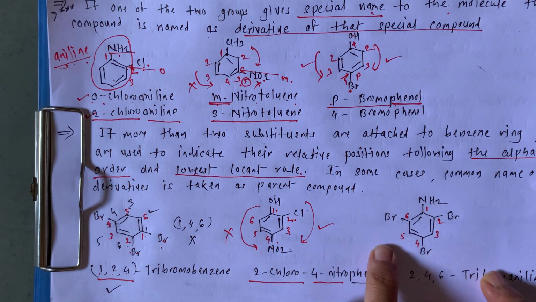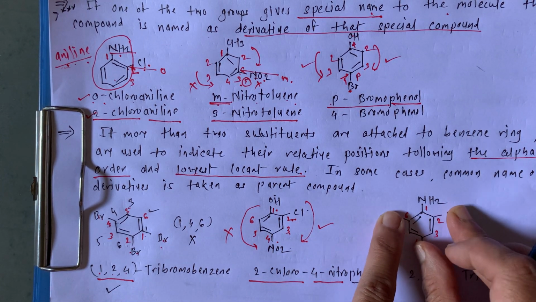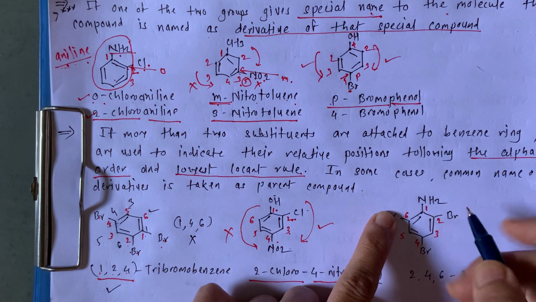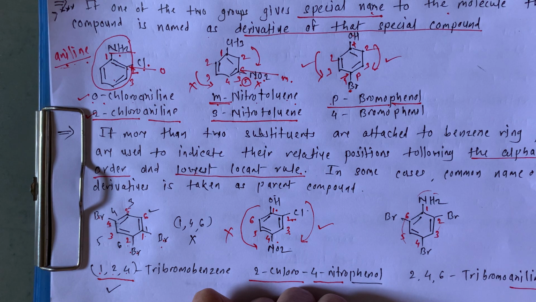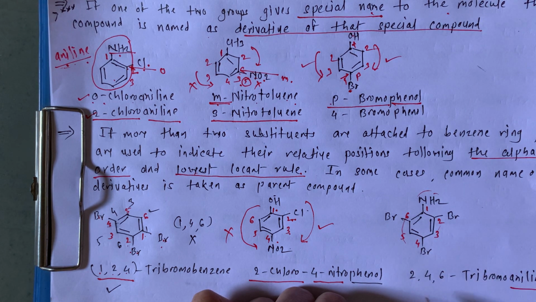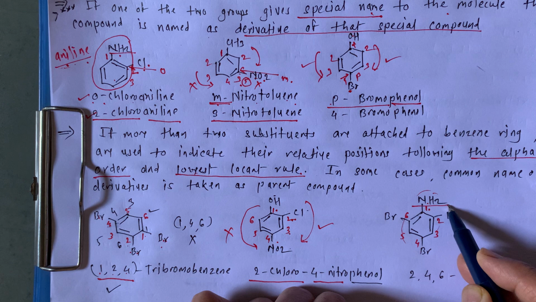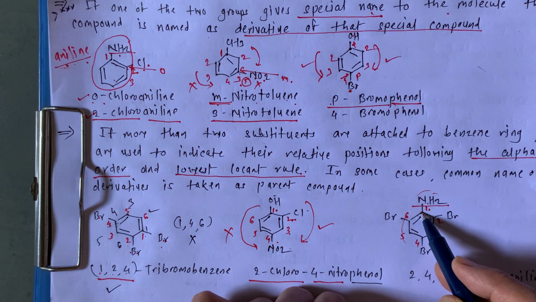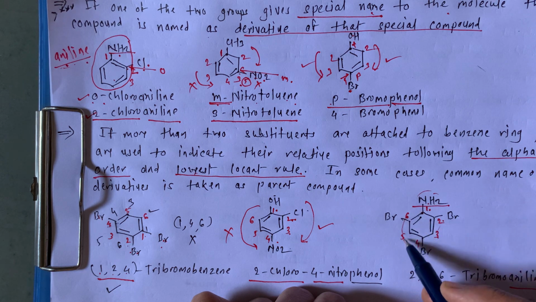Okay, next example. Again, if you hide all 3 bromine, then this compound is known as aniline. And there are 3 bromine atoms. With respect to this carbon, this is the first, because the aniline name is due to this amine, and that's why this carbon must have number 1, 2, 3, 4, 5, 6.